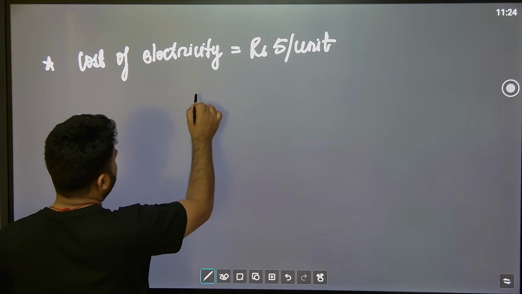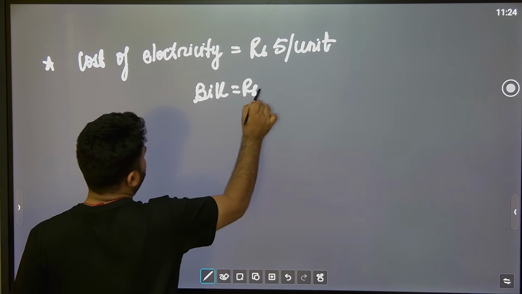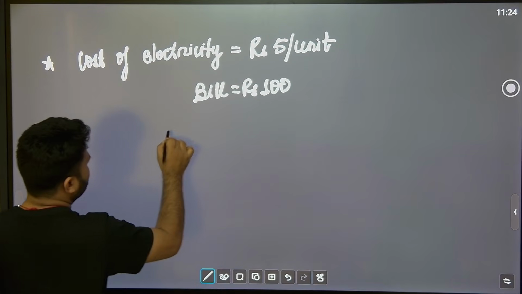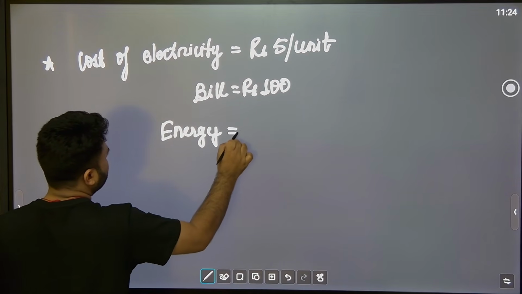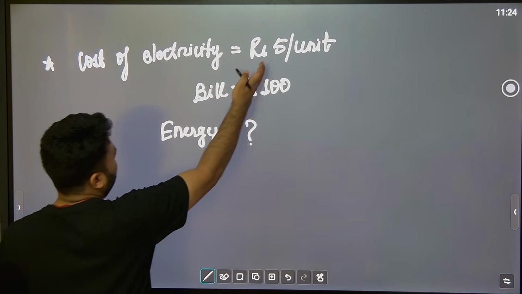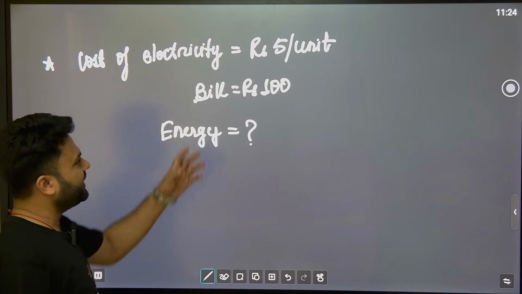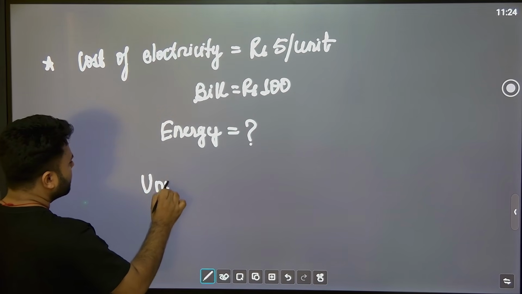Now tell me, suppose your bill is generated and the bill comes out to be rupees 100. Then how much energy have you utilized? So the bill is 100, the cost of electricity is 5 per unit. So how many units have you consumed?